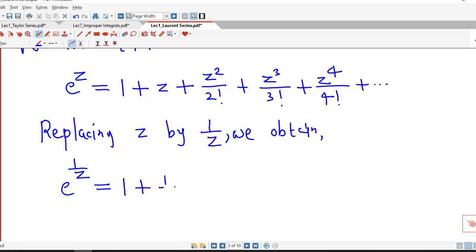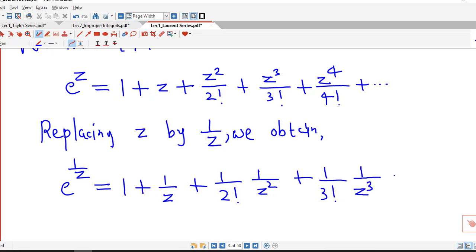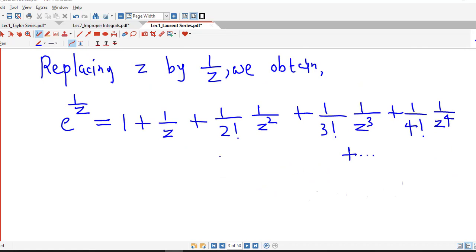This is 1 plus 1 by z plus 1 by 2 factorial times 1 by z whole square, that is 1 by z square, plus 1 by 3 factorial times 1 by z cube plus 1 by 4 factorial times 1 by z raised to 4 and so on. So this series expansion is valid in the open disk 0 less than mod z less than infinity.